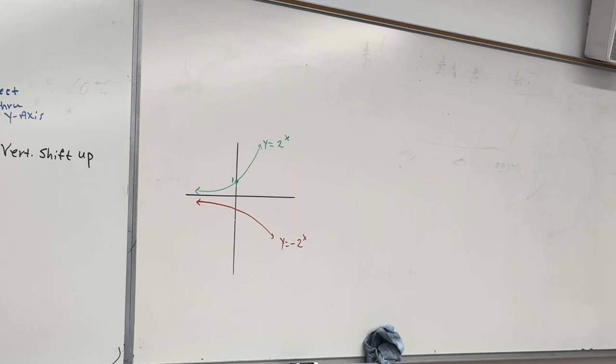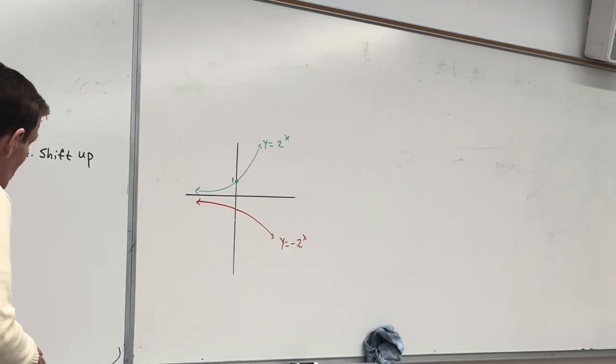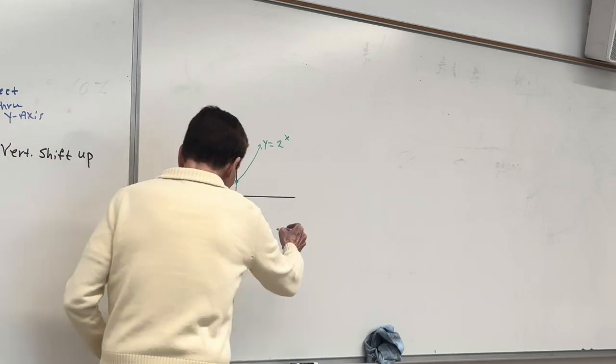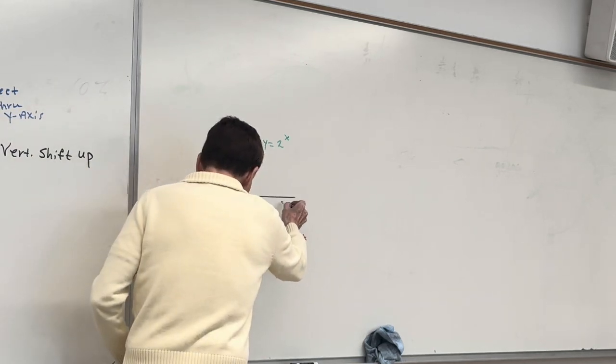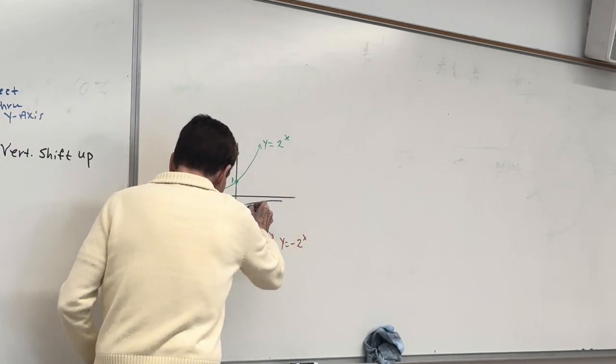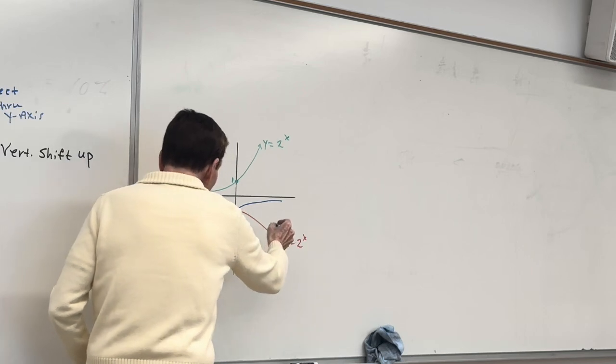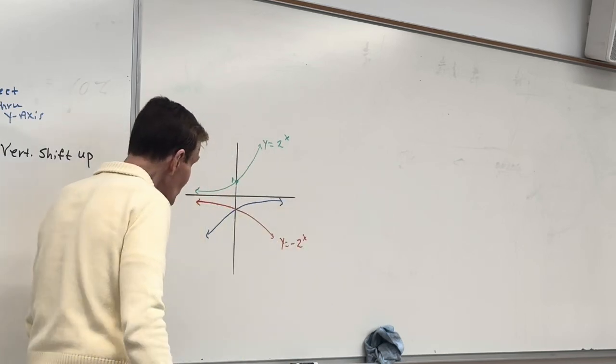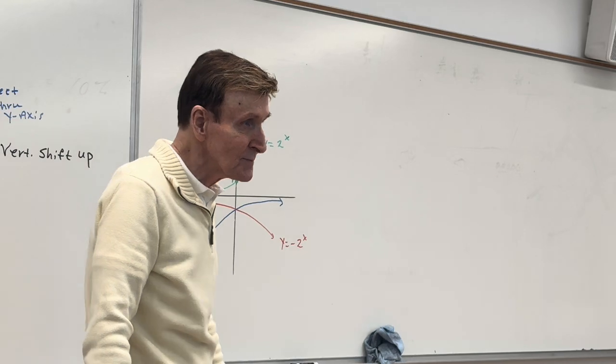Now it says don't stop there. Now do the blue. Blue says now reflect that red graph through the y-axis. Please, guys, tell me, do not make a mistake. Might it look like this? The red reflected through the y-axis.